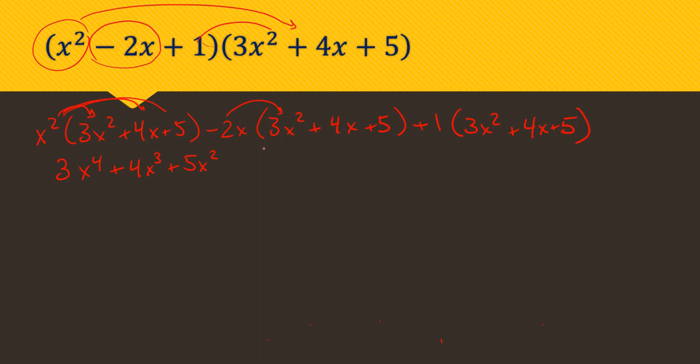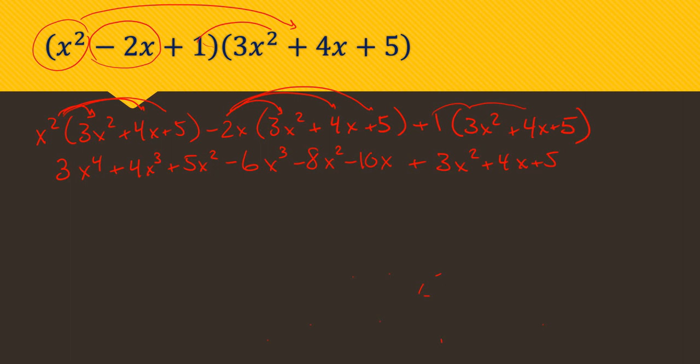So negative 2x times 3x squared is negative 6x cubed. Negative 2x times 4x is negative 8x squared. And negative 2x times 5 is negative 10x. The last one is 1 times all of this. 1 times anything doesn't change it. So 3x squared plus 4x plus 5.